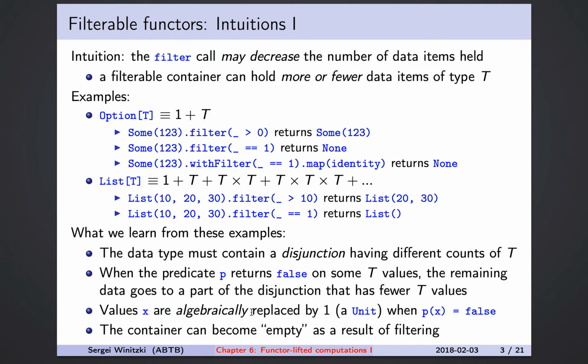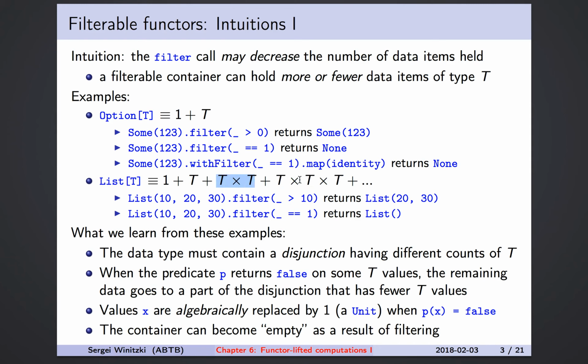Another curious thing we can notice is that when some data item does not pass the condition, like this one in this example, we can see what's happening as if we replace this T with a unit type, with 1, and the result would be T times 1 times T, which is isomorphic to T times T. So this is a curious phenomenon that we notice at the type level, that certain items are replaced by a unit type, and then the resulting type, like this, for example, would be T times 1 times T. It's equivalent to T times T, and that's another part of the disjunction.